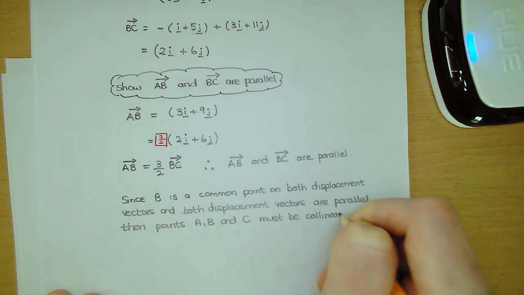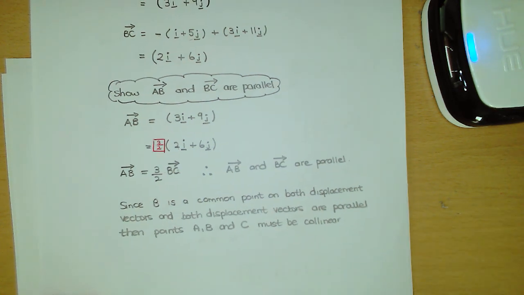And that's it. That's how you prove that 3 points are collinear.